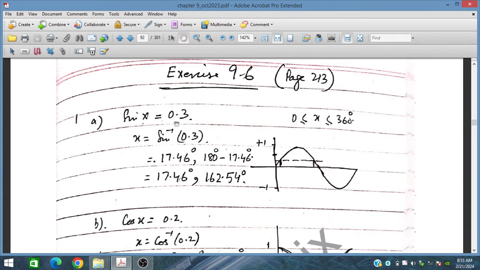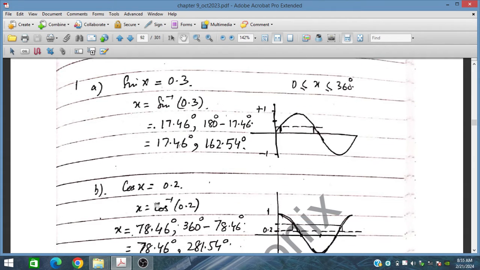At 0.3 the sine inverse is 17.46. So at 17.46 the sine value is 0.3, and similarly on the other side, 180 minus 17.46, that is 162.54. Here again sin x is 0.3. So we have these two solutions.